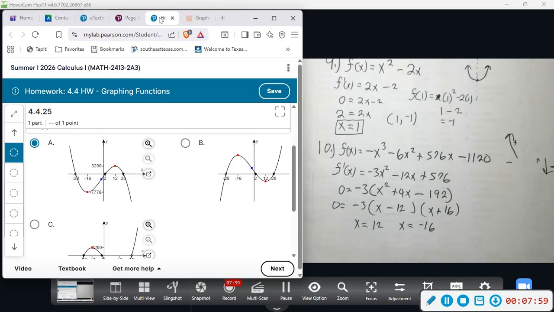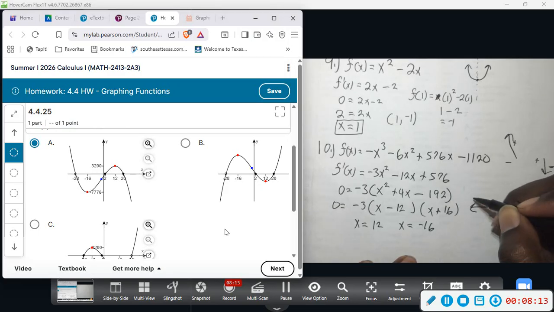If we look at our graph, x equals negative 16, that matches right there. Positive 12 matches there. And then we could do our sign changes. So I'll walk you through one of them real quick. Negative infinity, we'll have a negative 16, positive 12, and then infinity.